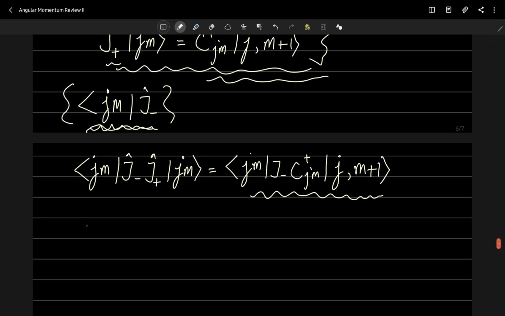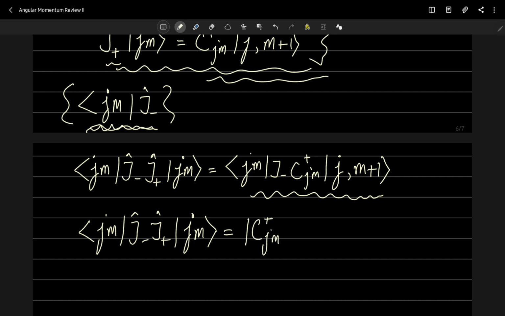Actually this thing should be written as <jm| J minus J plus |jm> is equal to the absolute value squared of C plus jm, times <j, m plus 1|j, m plus 1>.